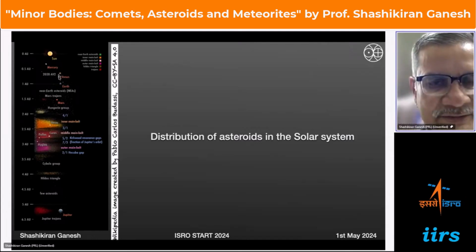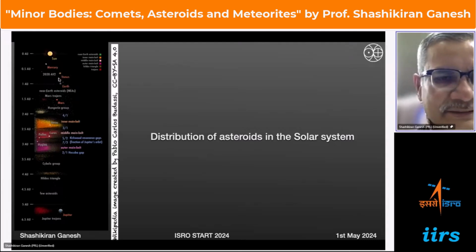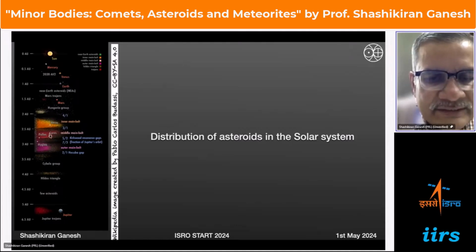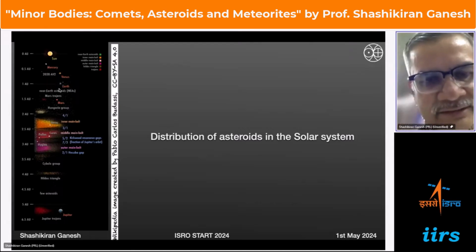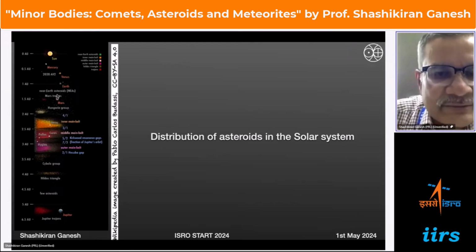It's the first object of asteroidal nature found within the orbit of Venus. Most of the near-Earth asteroids we know about are either within the orbit of Earth or cross the orbit of Earth.